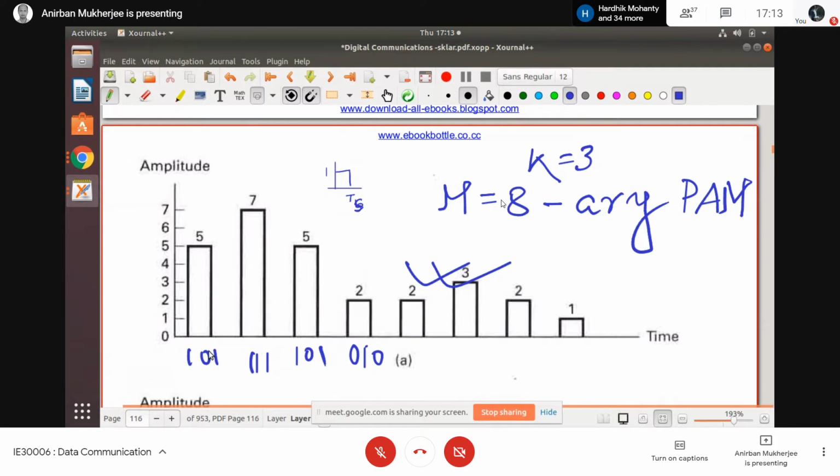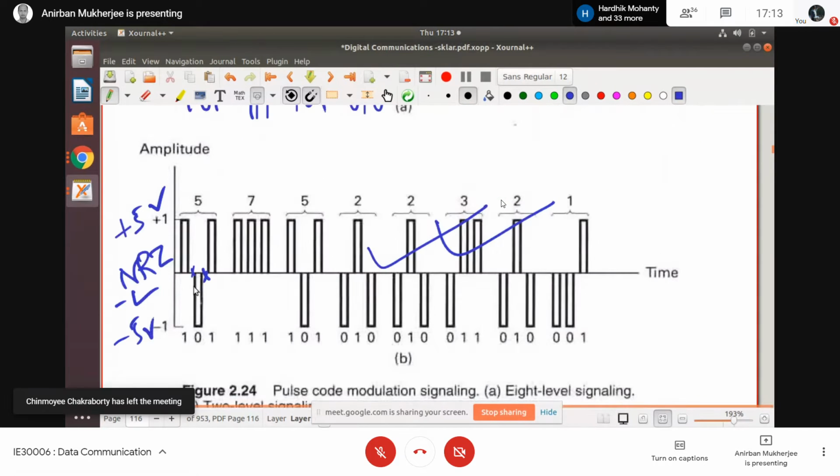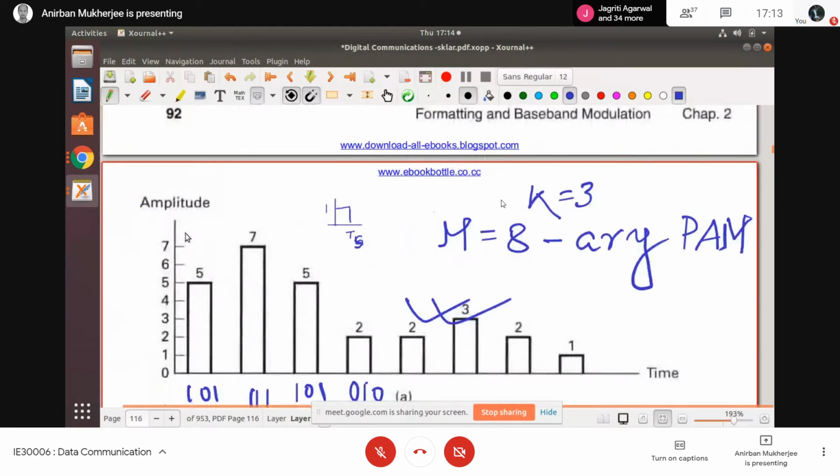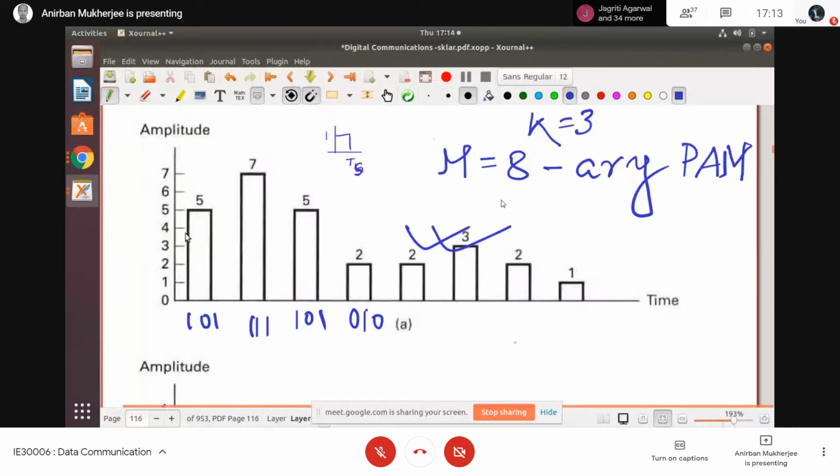The bit is 1. So here the next picture says this. Please remember this is the bit duration, but this is the symbol duration. I am talking about symbol duration. Depending on the context we choose the terms. So this is my p(t).